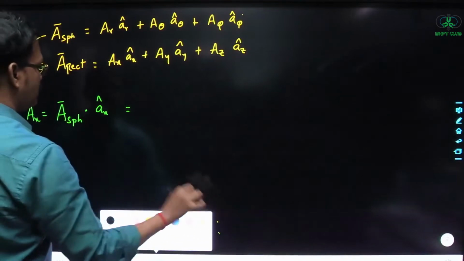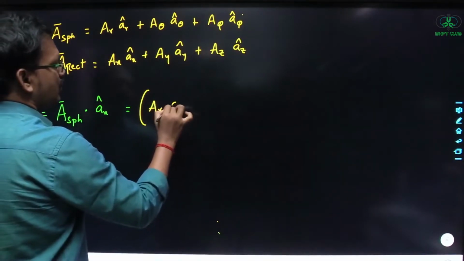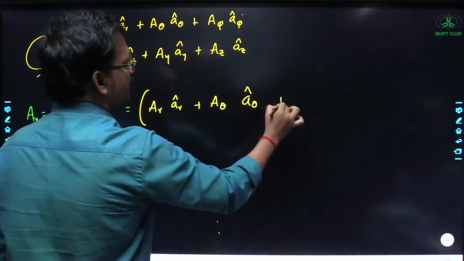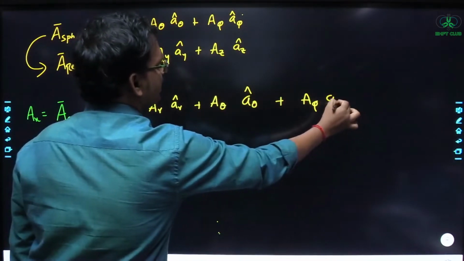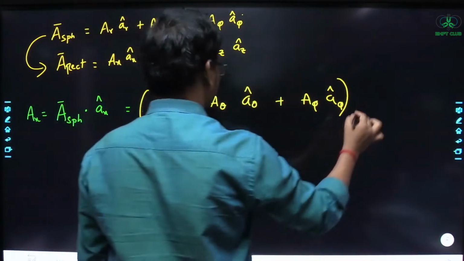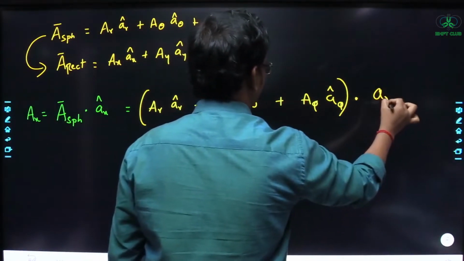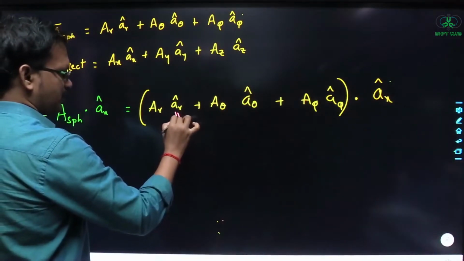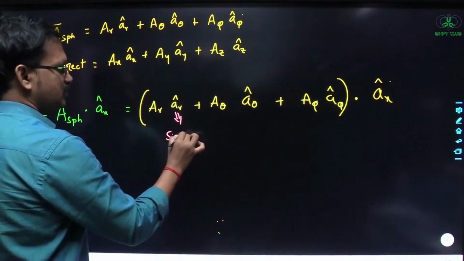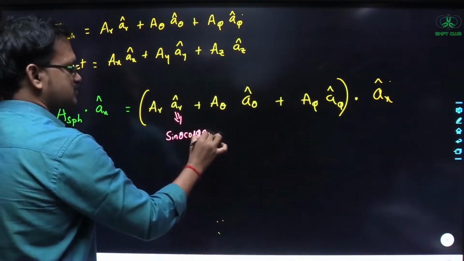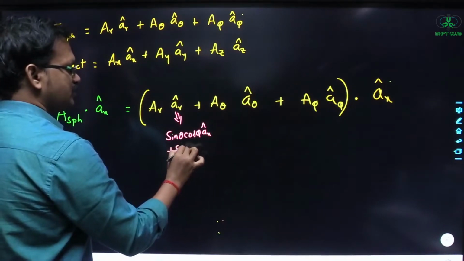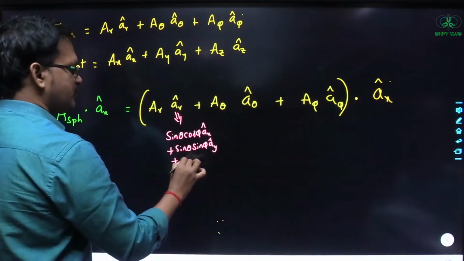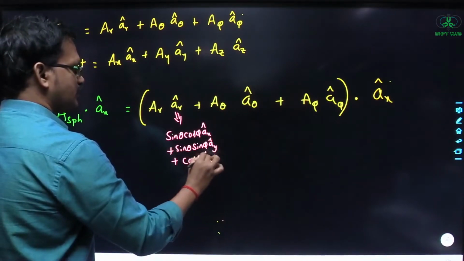So A spherical is nothing but AR cap plus A theta cap plus A phi cap, multiplied dot AX cap. We know that AR cap is sin theta cos phi AX cap plus sin theta sin phi AY cap plus cos theta AZ cap.